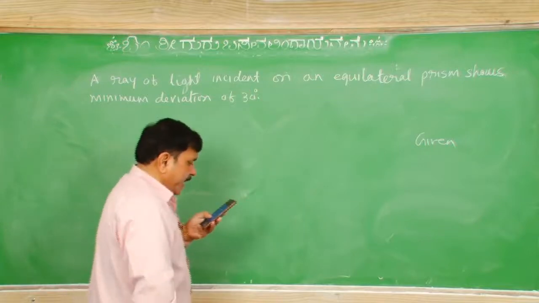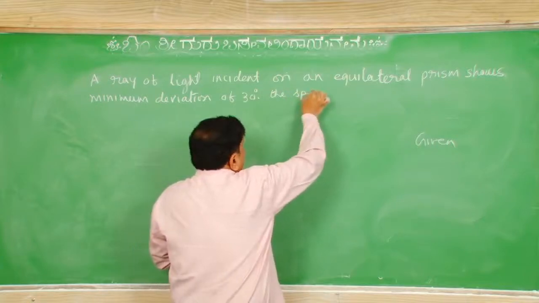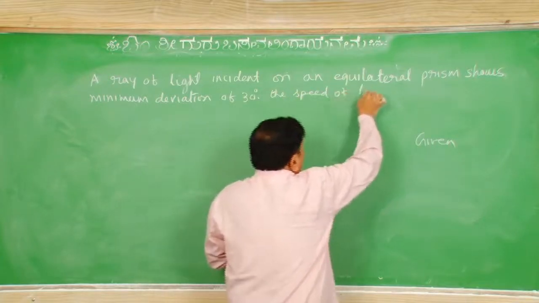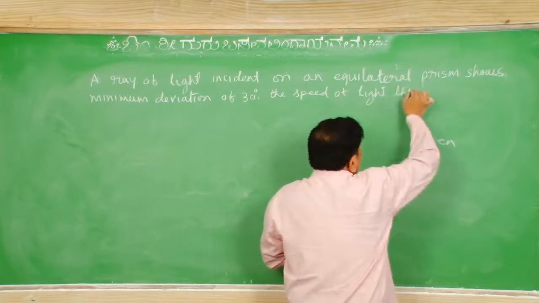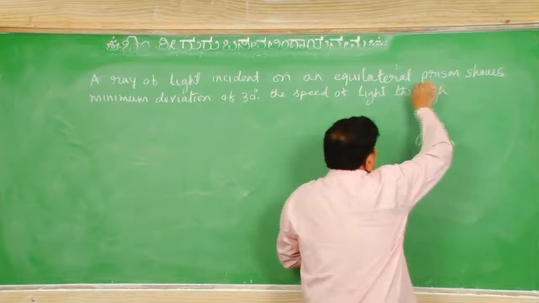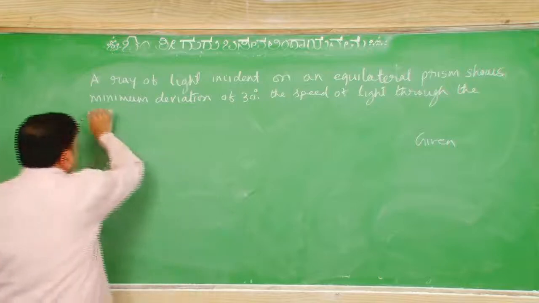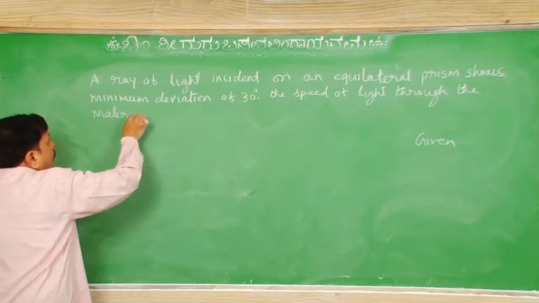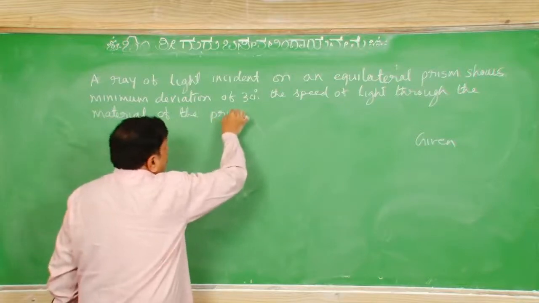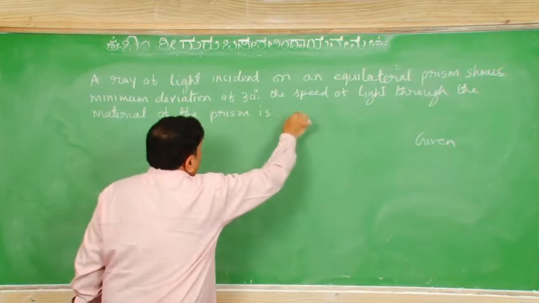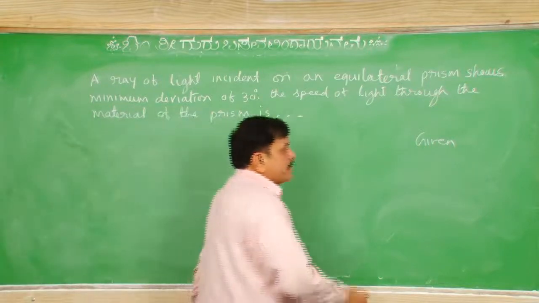The speed of light through the material of the prism is?